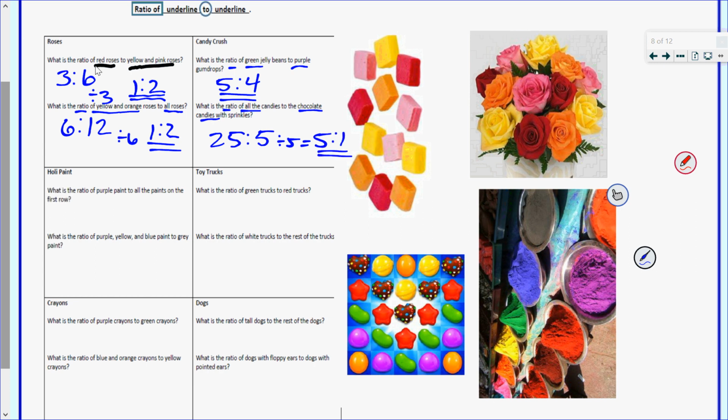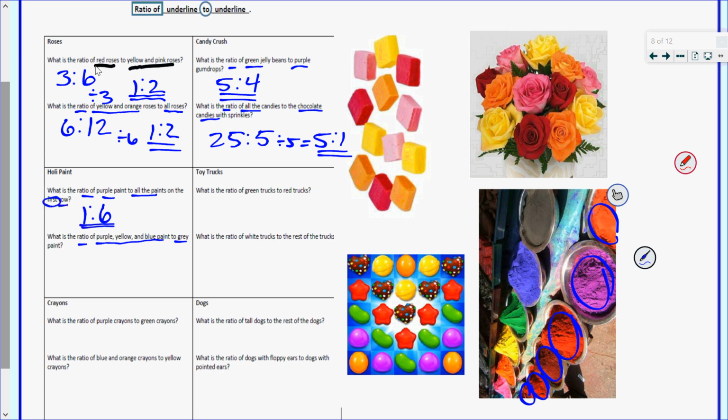Okay? Poly paint. Ratio of purple to all the paint on the first row. Purple in the first row, I see 1. All of them, I see 1, 2, 3, 4, 5, 6. Can I simplify? No, that's my answer. Ratio of purple, yellow, and blue to gray.